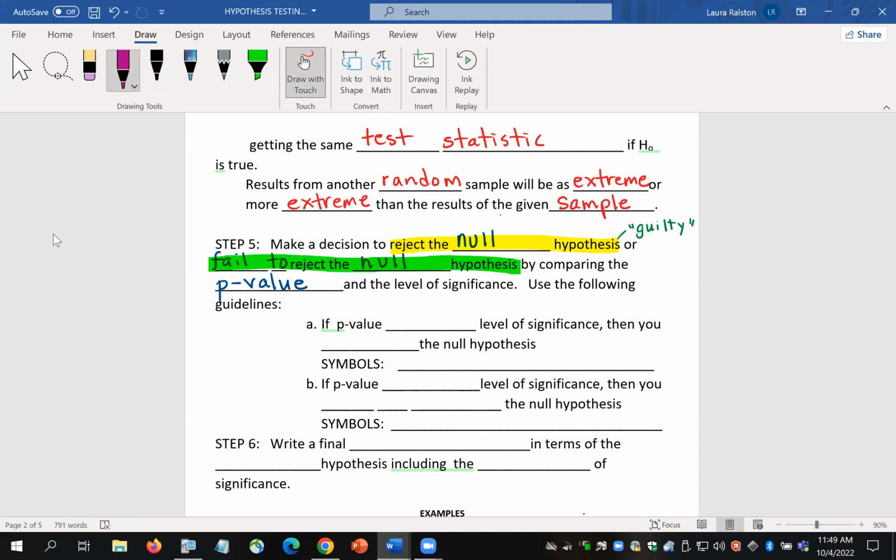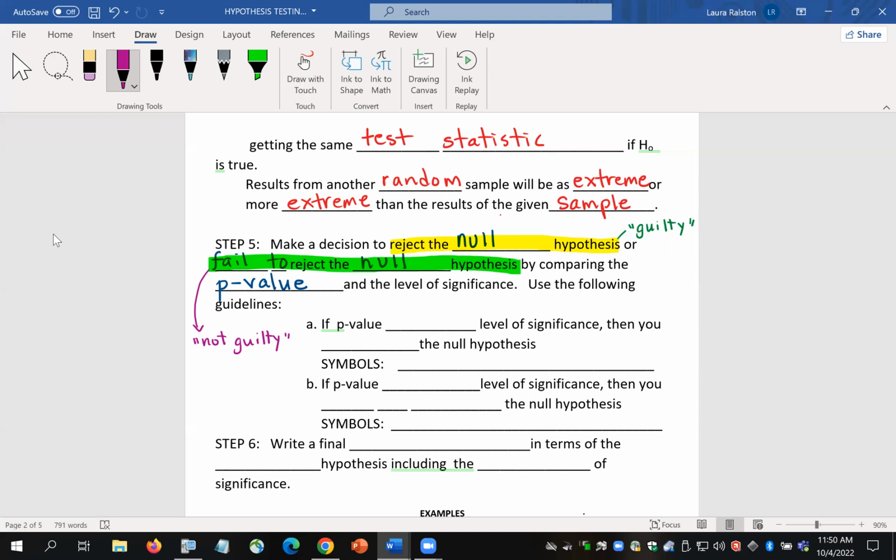Okay. Fail to reject is the equivalent of saying they're not guilty based on the evidence that was presented. There was not enough evidence to convince me that they did the crime. But I'm not saying they're totally innocent. That phrase, not guilty, could still imply that they might have done it, but there wasn't enough evidence.